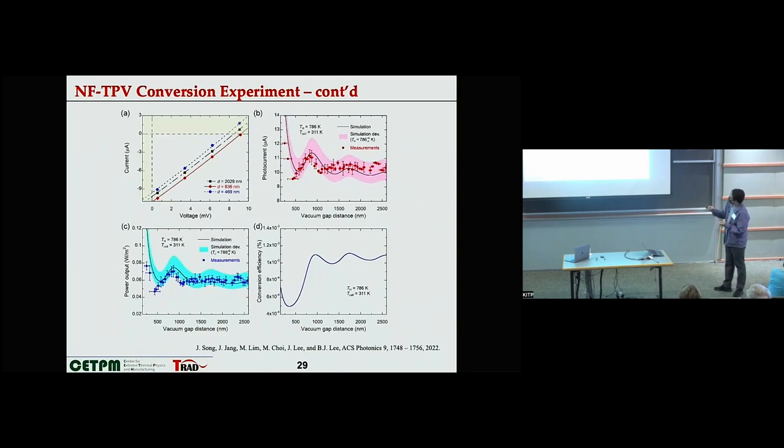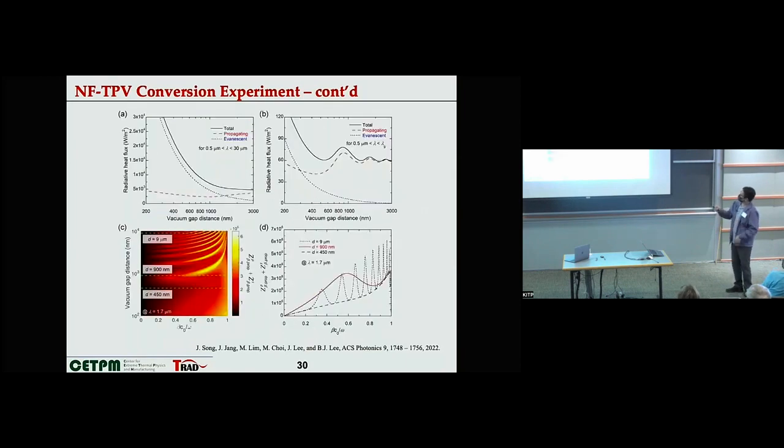And this is the result. What we observe is that from about 2 microns down to about 300 nanometers, the power output of our TPV cell shows oscillatory nature. That is actually due to the interference effect of the propagating waves between the two surfaces. Initially, if we consider the heat transfer rate between two surfaces, because of the long wavelength contributions, we have dominant evanescent tunneling between two surfaces.